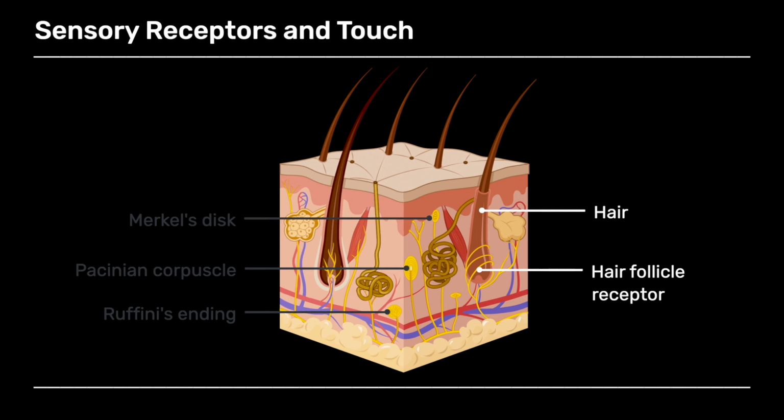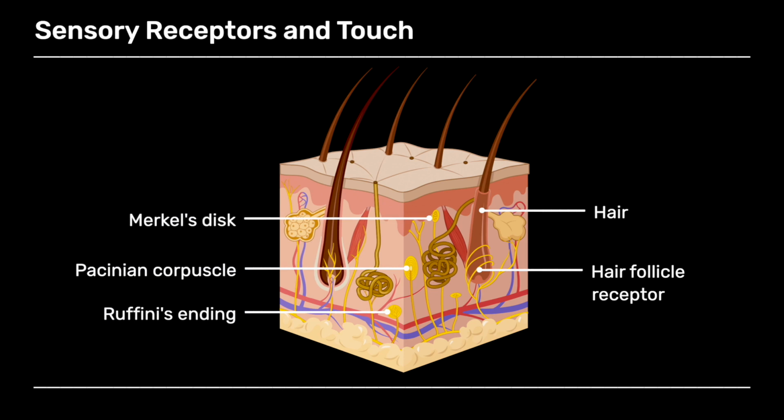For example, with hairy skin, nerve endings are wrapped around the base of the hairs in our skin and are very sensitive to light stroking that may not actually make contact with the skin surface, but bends the hairs, and that mechanical bending is detected by the nerve endings that are wrapped around the base of the hair.